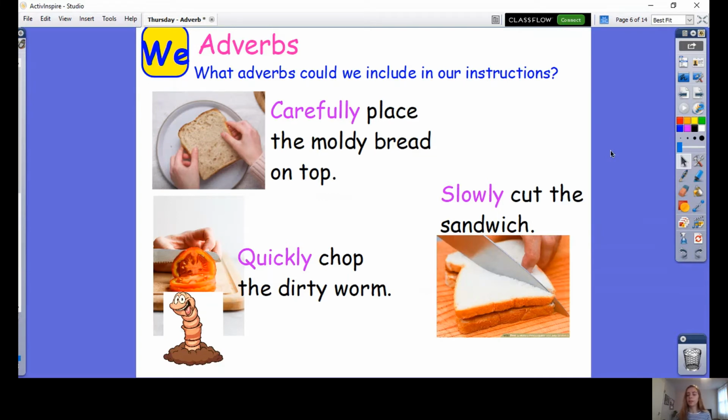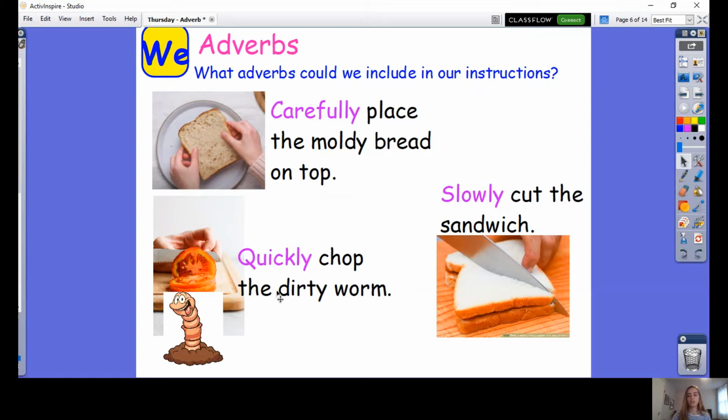Now let's have a think about our instructions of how to make a disgusting sandwich. We need to think about what adverbs we could have in our writing today. So here are a few examples I came up with. Carefully place the mouldy bread on top. Slowly cut the sandwich. Quickly chop the dirty worm. We're not going to have a juicy tomato today. We are going to have something really gross.